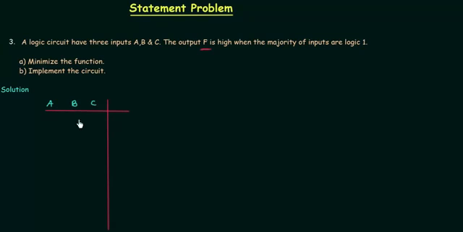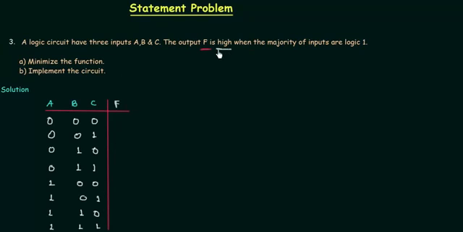A, B, C are the three inputs and the 8 possible combinations are 000, 001, 010, 011, 100, 101, 110 and finally 111. So these are the 8 combinations, and we have to find out the function F, and we will use this statement to find out the function F.